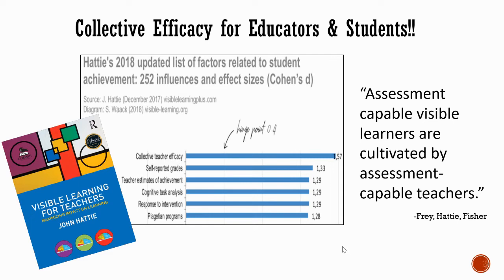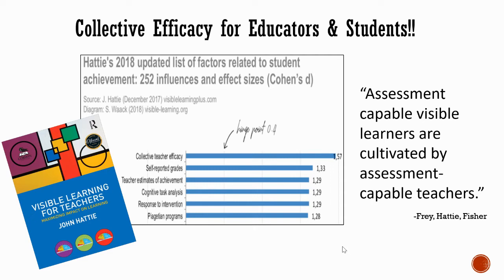Hattie's research indicates that collective teacher efficacy, that is, their collaborative belief that they can positively impact student learning, and students reflecting upon their data and setting goals are two high leverage conditions in an effective school. More specifically, Hattie tells us that an effect size of 0.4 is equal to a year's growth.